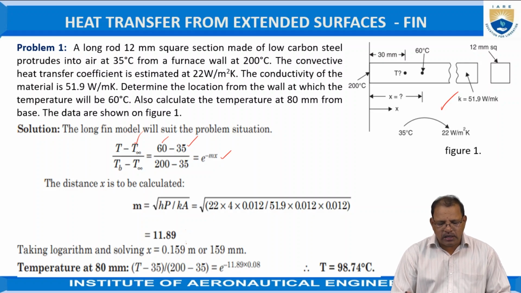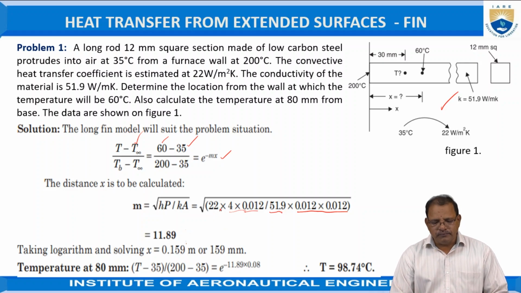From this relationship we get 22 into 4 into 0.012 divided by 59.9 into 0.012 into 0.012. Here A is the area of the cross section, k is the thermal conductivity, P is the perimeter, and 22 is the heat transfer coefficient for the convection process.